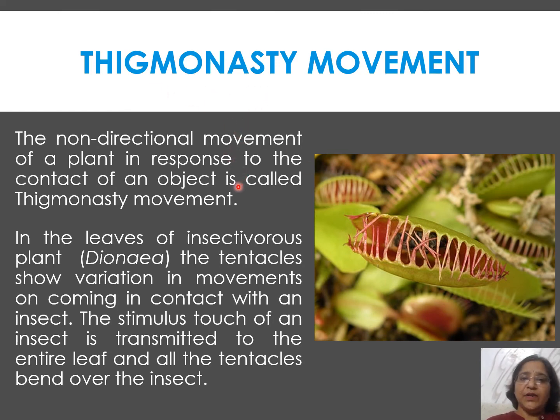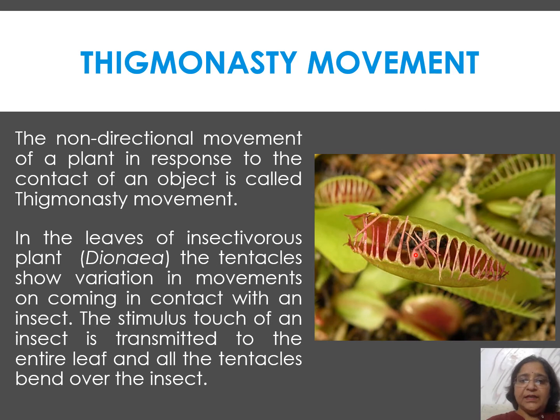This is also a non-directional movement of a plant in response to contact of an object. It is called thigmonastic movement. In the leaves of insectivorous plants like Dionaea, these are the leaves of Dionaea, and these are the tentacles. They show variation in movements on coming in contact with an insect. You can see here the insect is trapped inside the leaf.